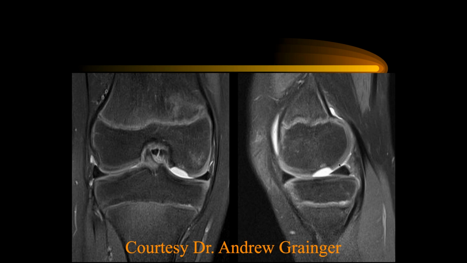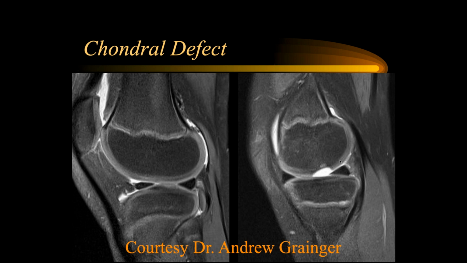Now, let's see. Jennifer, what do you think of this one? We can see also that the physes are open, so this is probably an adolescent patient, or at least a pediatric patient, and there is a full thickness or grade 4 chondral defect there. So what do you have to do?